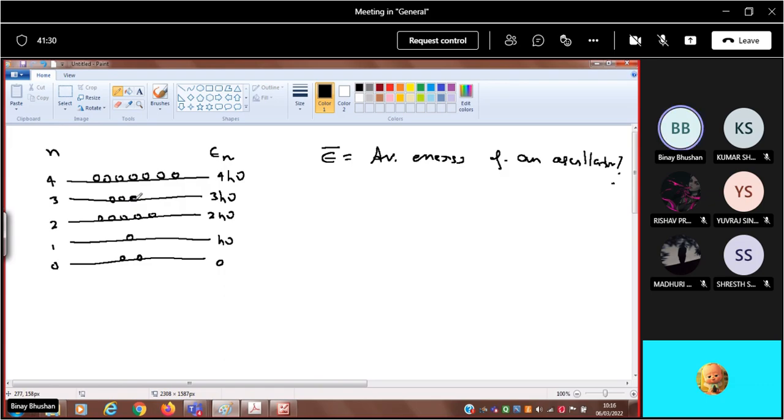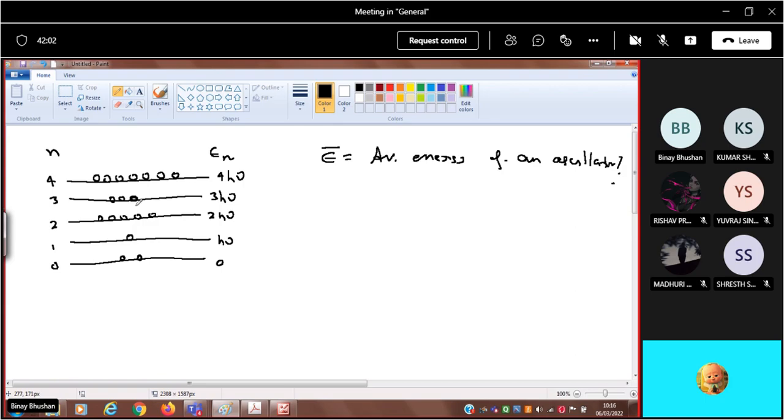Here the energy of an oscillator in the third energy level is 3h nu, right? So what will be the total energy of these 3 oscillators? 9h nu. So what will be the average energy of these oscillators? 3h nu, right?